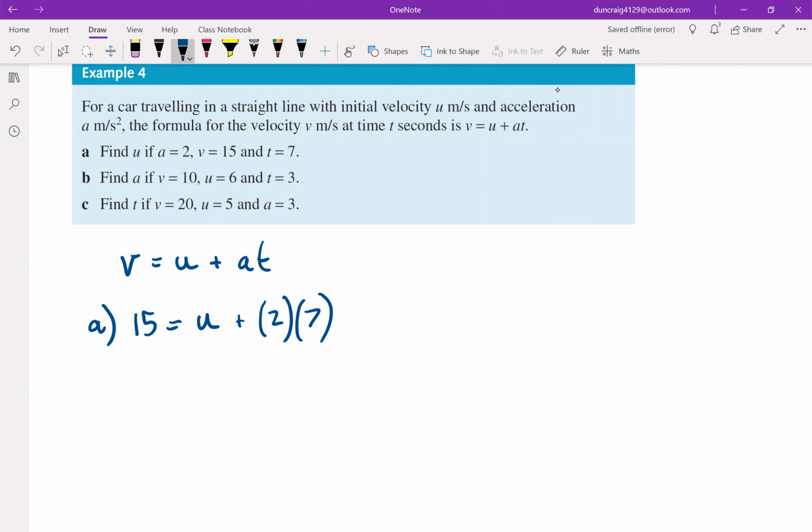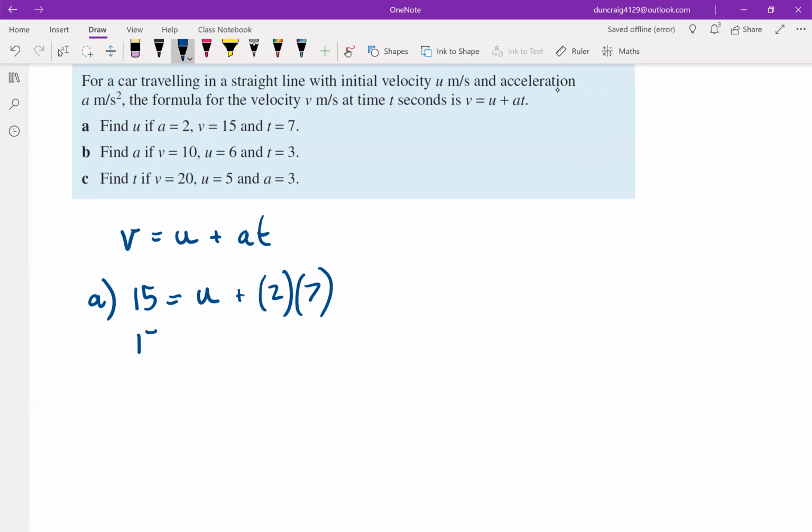Notice I don't put in any times or anything like that, I just use the brackets. When you've got brackets, that just means you're multiplying together. To simplify, 15 is equal to u plus 7 twos are 14. You take 14 from both sides and you get 1 is equal to u. So u is equal to 1. That was nice and easy.